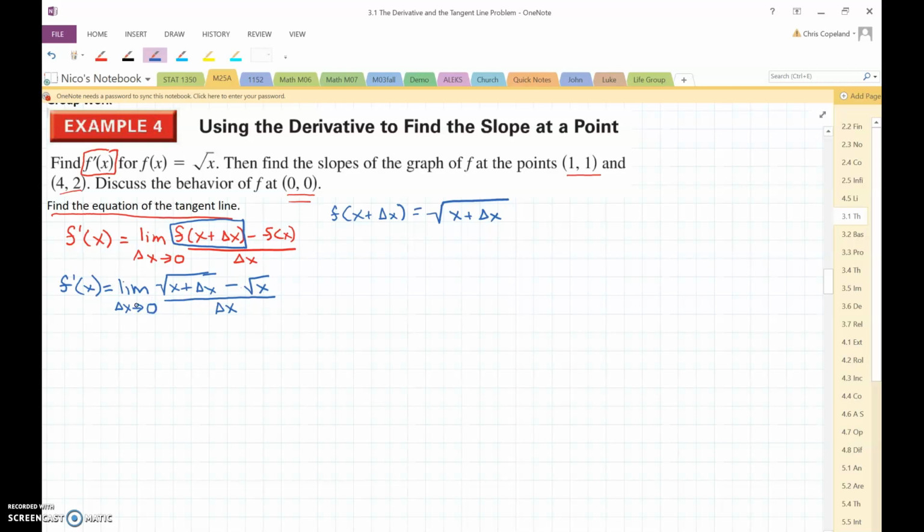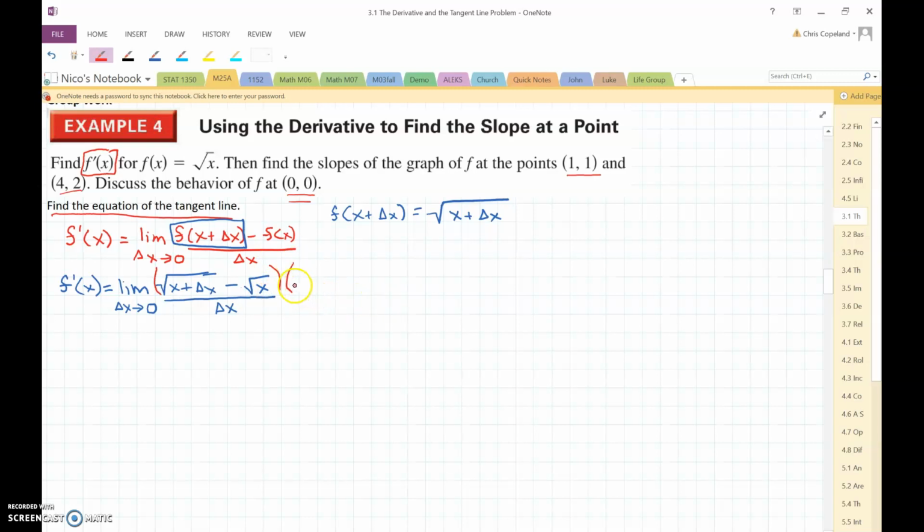Now, unfortunately, right now we can't evaluate the limit, because if we did direct substitution, the denominator would be 0, which would make this function undefined. So we need to algebraically manipulate this. To do this, I'm going to multiply the numerator and the denominator by the conjugate.